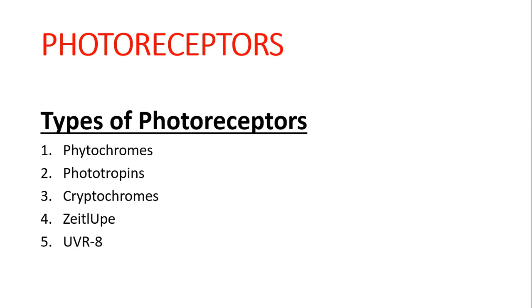Based on that, photoreceptors are classified into phytochromes, phototropins, cryptochromes, zeitlupe and UVR8. Phytochromes are red and far-red light absorbing photoreceptors, and they can absorb blue light and UV also. Phototropin, cryptochromes, zeitlupe are blue light absorbing photoreceptors, and UVR8 absorbs UV-B light.